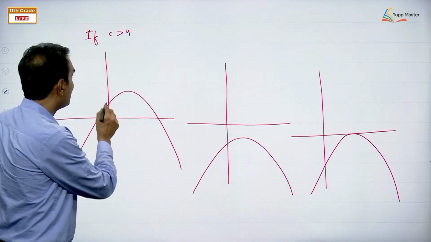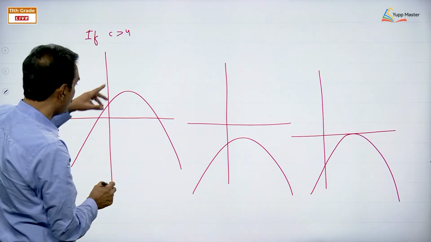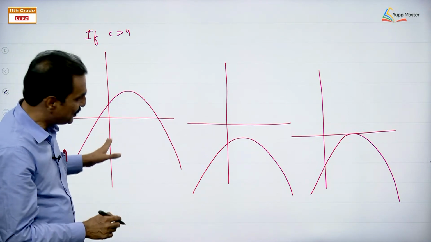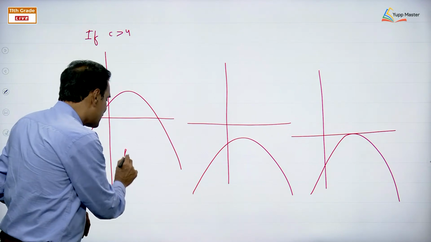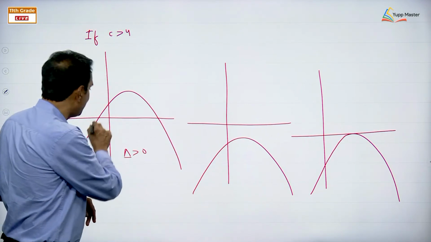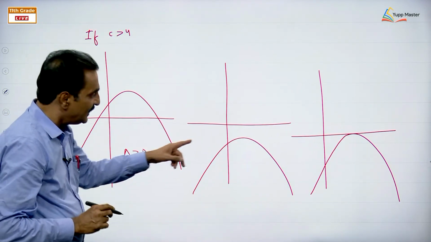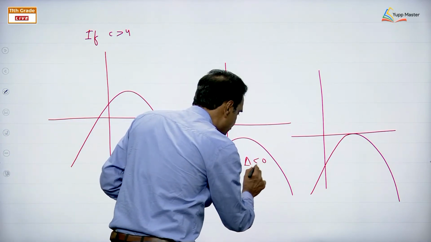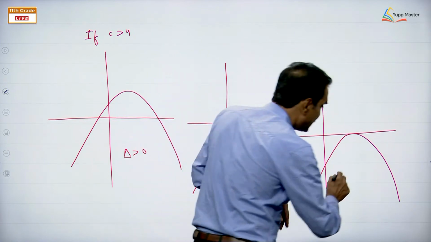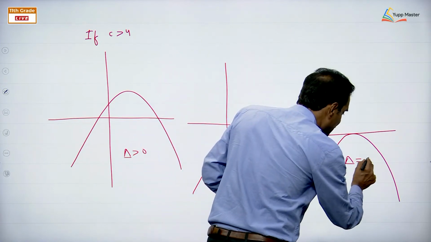What are the conditions here? If c is greater than 4, coefficient of x square is negative, so graph is a downward parabola. In this case, discriminant is positive because the graph intersects the x-axis. In this case, discriminant is negative. In this case, delta is equal to 0.